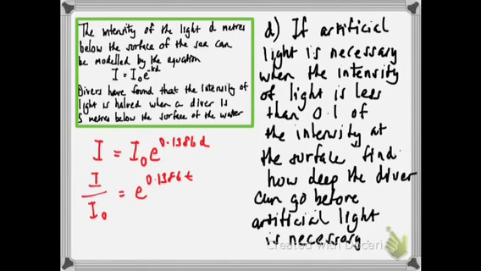And this time we're trying to find d. We're looking at 0.1, so we're looking at what the distance is when that ratio, I over I naught, the intensity at a certain depth over the intensity at the surface, equals 0.1.